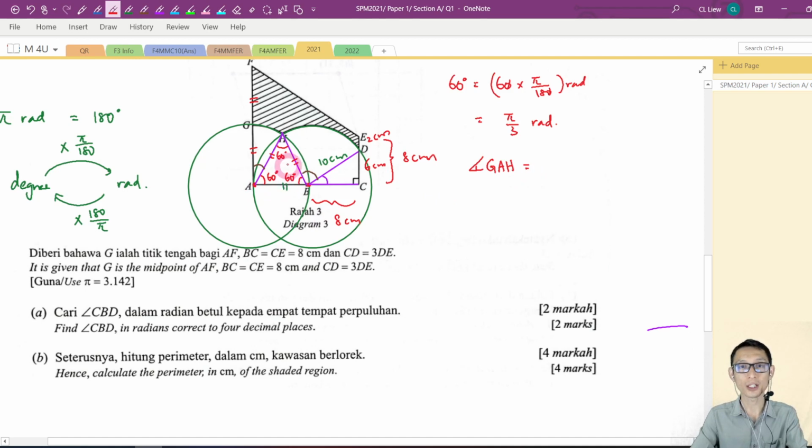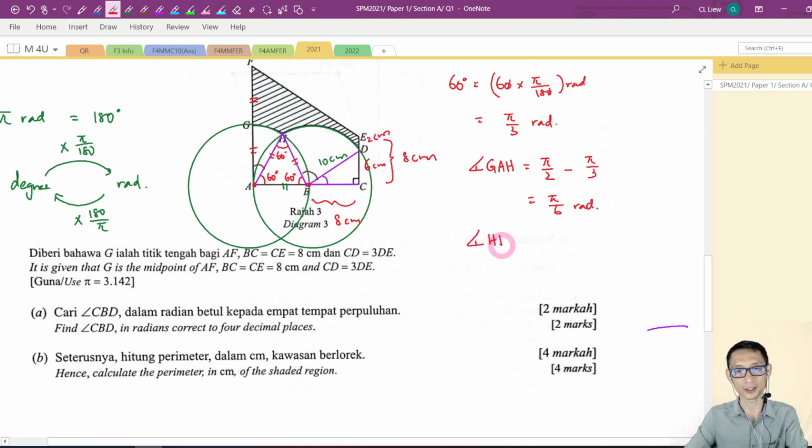So 90 degrees will be equal to pi over 2. Pi over 2 minus this pi over 3, so you will get pi over 6 radian.